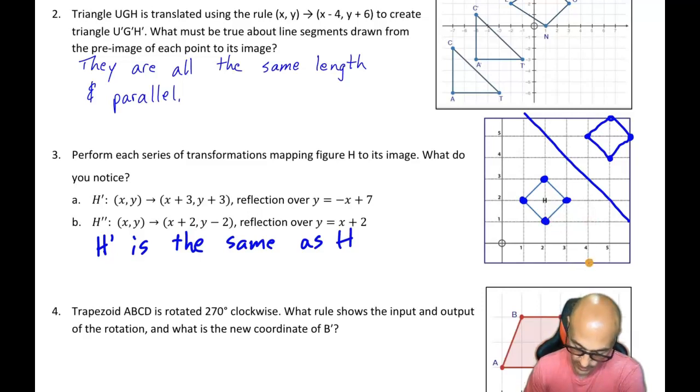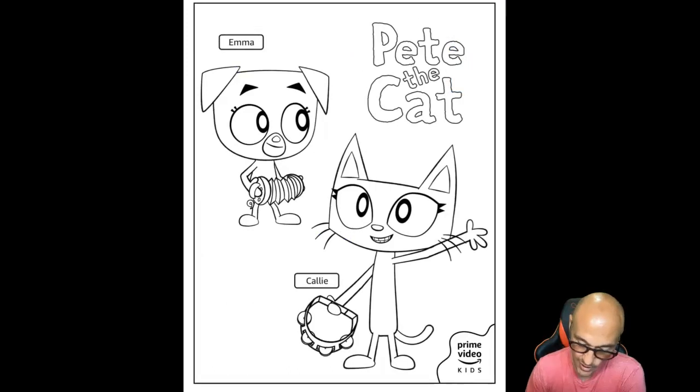What you could notice is if we're translating the whole shape, and this one goes over there, then the rest of the points have to look just like that. There's no way that they can't. So I'm just going to put those points in right now. There you go.